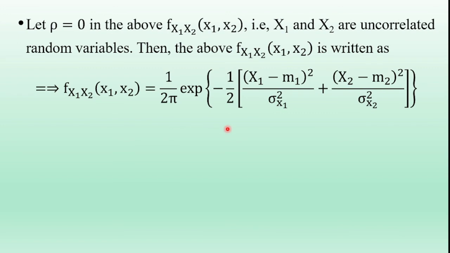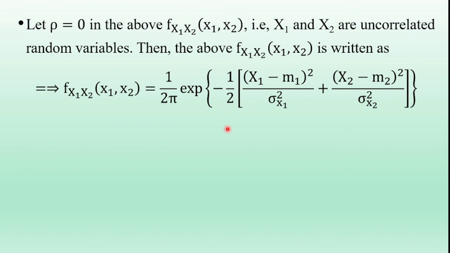In the above expression, substitute correlation coefficient rho is equal to 0. Correlation coefficient rho equal to 0 means the two random variables x1 and x2 are uncorrelated random variables. If the random variables x1 and x2 are uncorrelated, then the correlation coefficient rho is equal to 0.